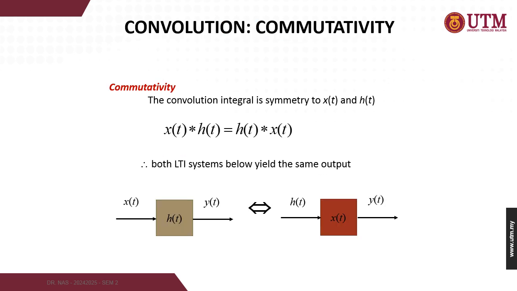This is the first property, commutativity, in which x(t) convolved with h(t) is equal to h(t) convolved with x(t), as represented in the figure below.